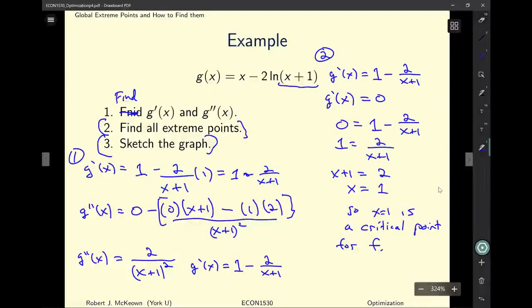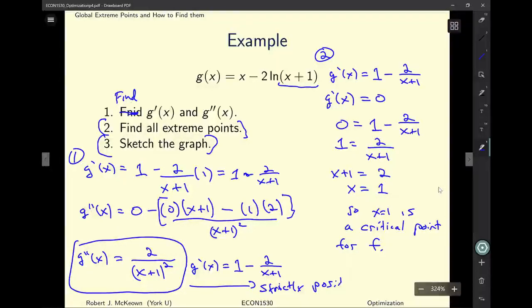Well, looking at the second derivative here, this is strictly positive for all x values, right? For any x, this thing is positive. Since it's strictly positive, we know that it's going to be convex. And I'm trying to write small because I'm running out of space. And it's convex generally, so we really know that this is going to be a minimum.